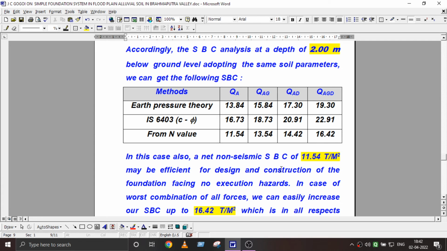In worst cases, we can go up to 16.42 ton per meter square. Because in a big foundation base, our development length is much higher. All the bars have sufficiently bigger diameter, so we need some development length also. For that, in no case shall it exceed 16.42. So we can efficiently provide.